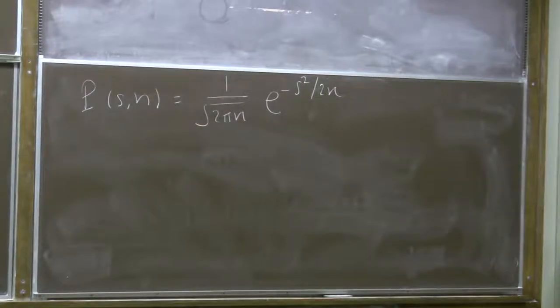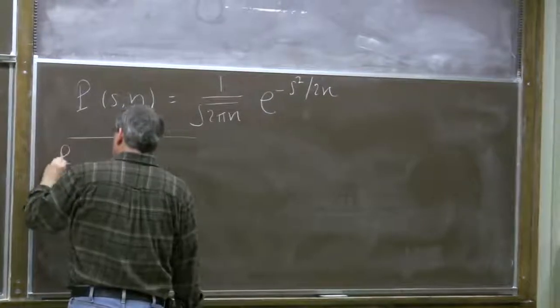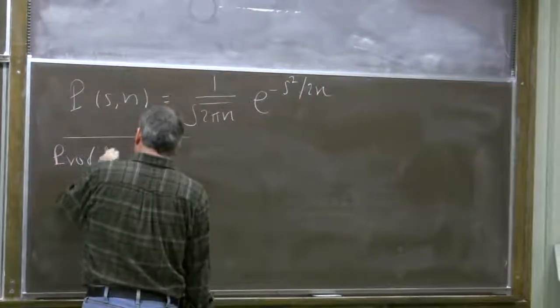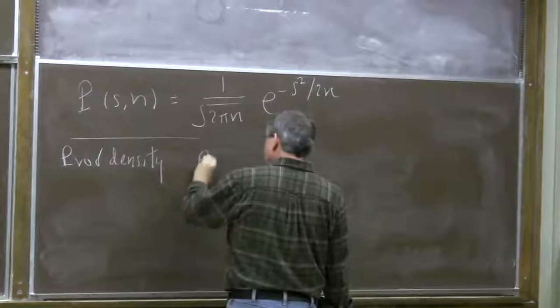So I could also describe this as a probability density on the line, which I'll call P of x and t.